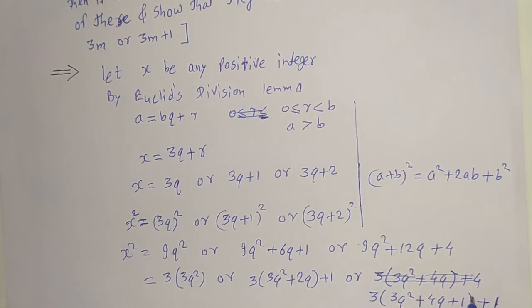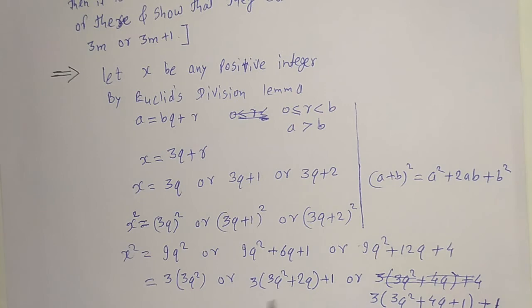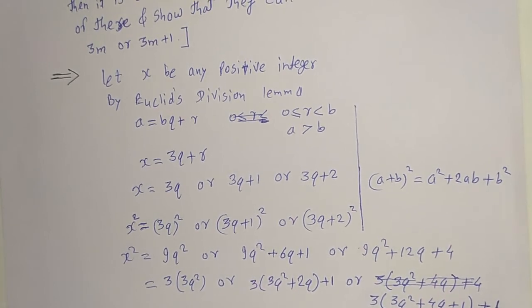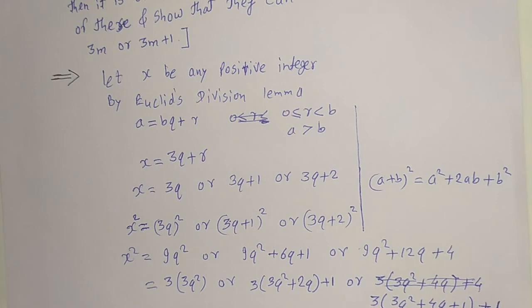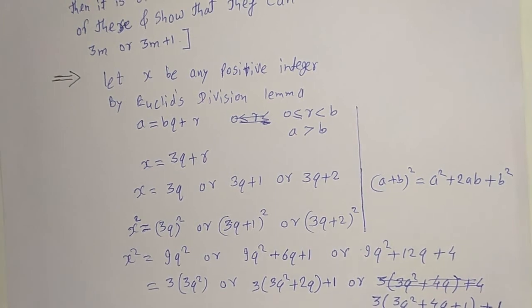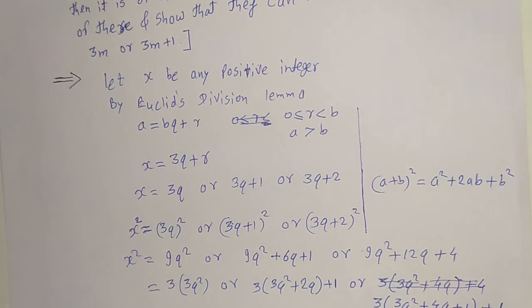Only thing changed here is the value in the bracket. So you can replace this by 3 into k1, or 3 into k2 plus 1, or 3 into k3 plus 1. You can take k, or directly you can take the value of m. You can write as you wish.